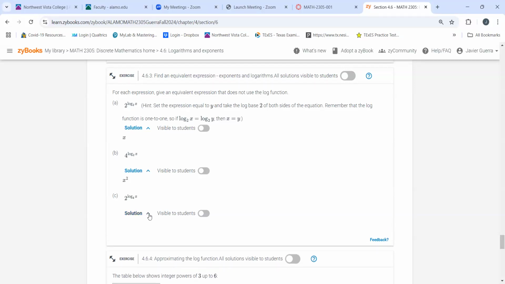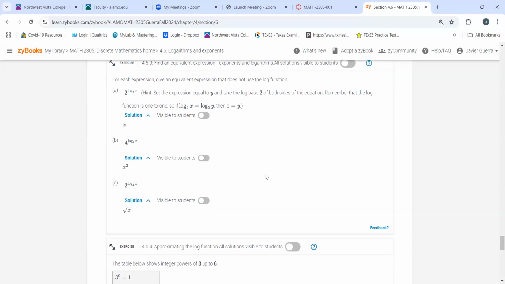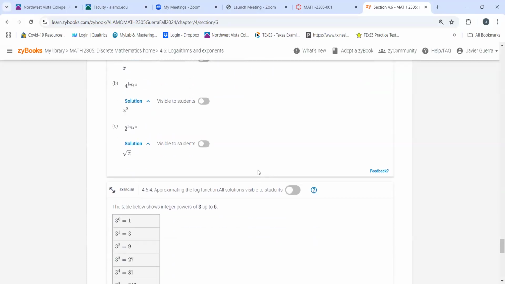That's an interesting one. It got me. That should be a half. Yeah, that should be a half. Because if we take the square root of 4, that's 2, and you put the 1/2 there. So 2 log base 2, and that half right there. So that should be x to the 1/2, which is the square root of x. That was a tough one.